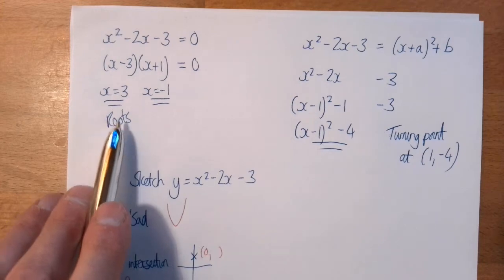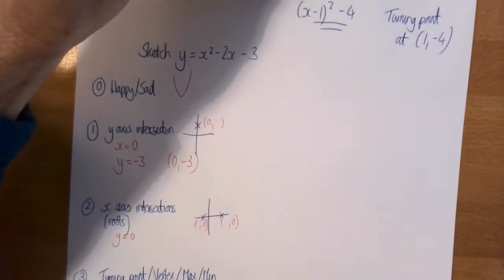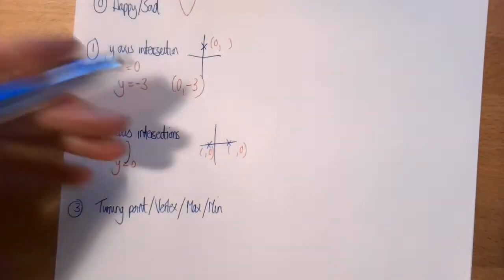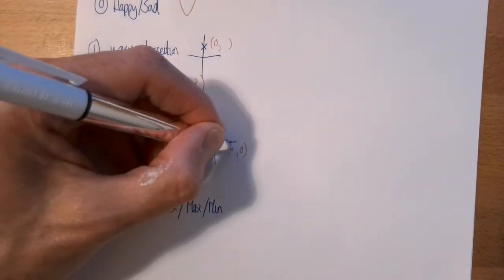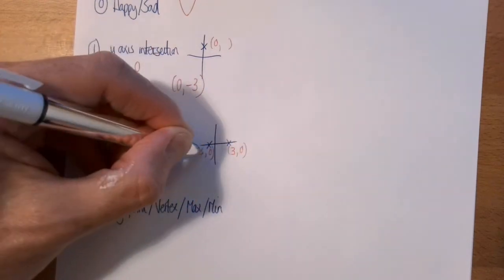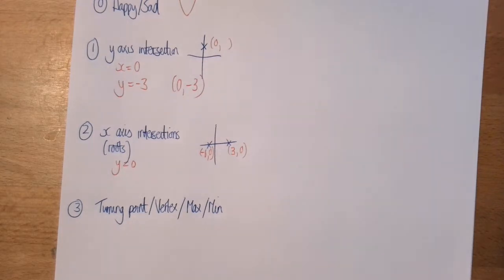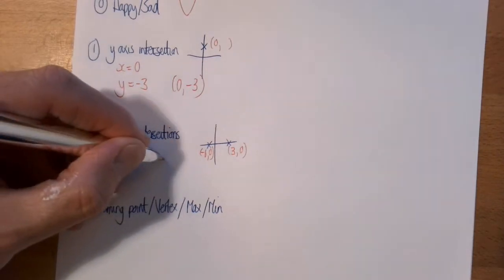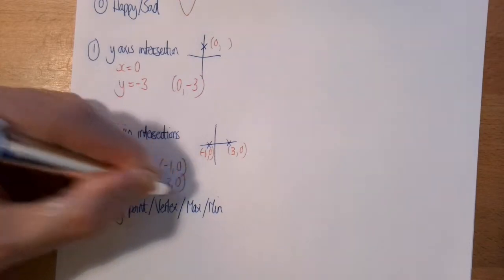So we've got our roots already. We've got 3 and minus 1, so I know that this graph crosses the axis at (3, 0) and (minus 1, 0). I'm going to write those again here: (minus 1, 0) and (3, 0).